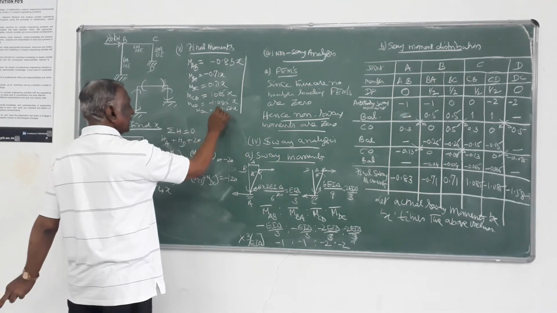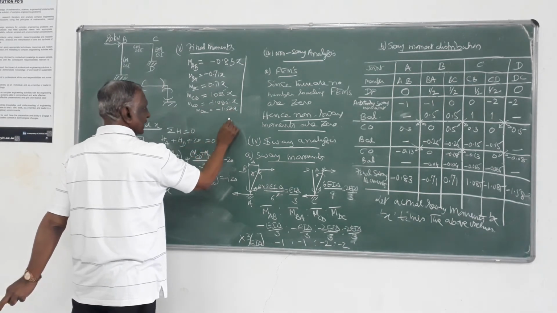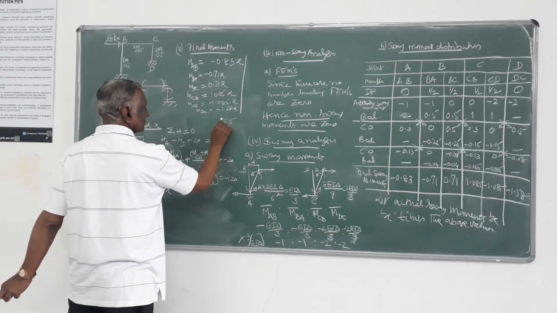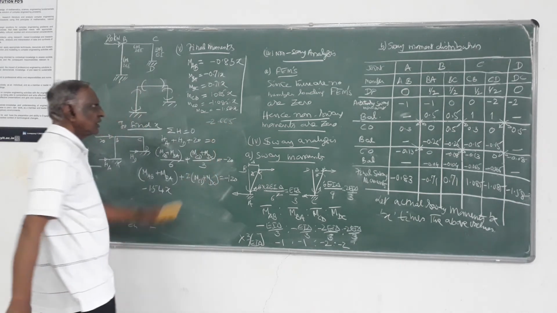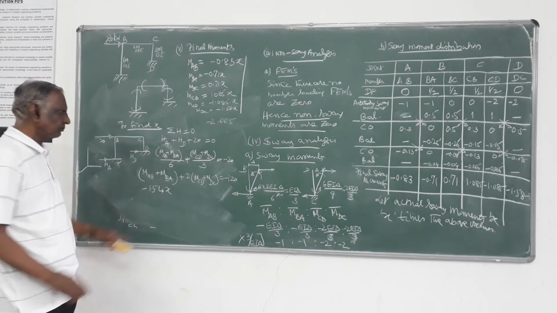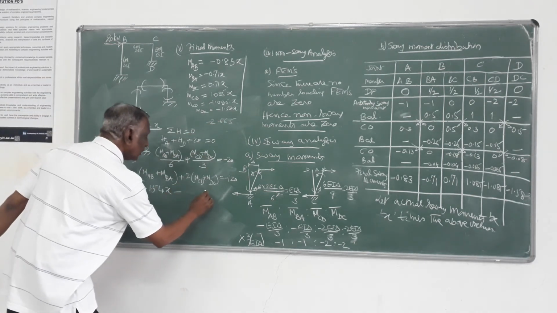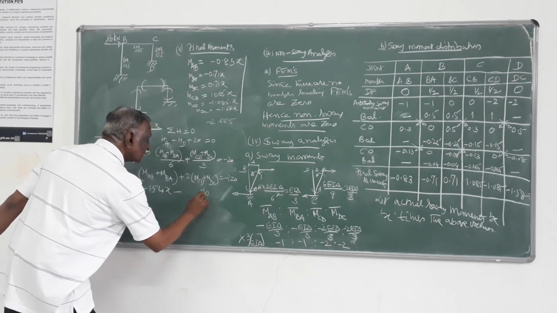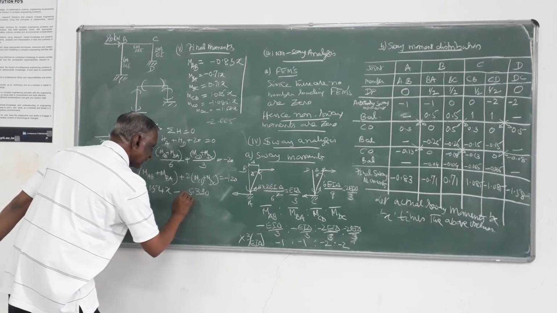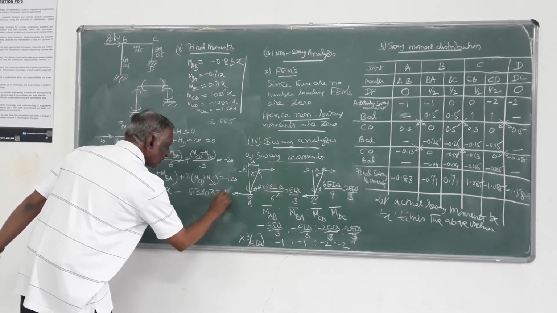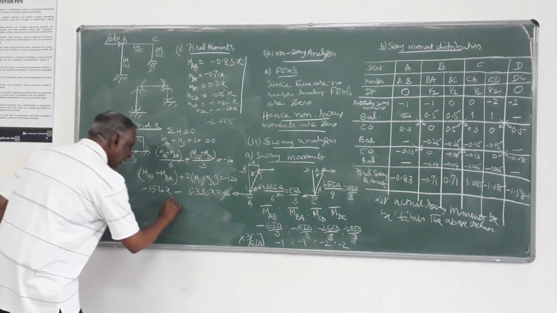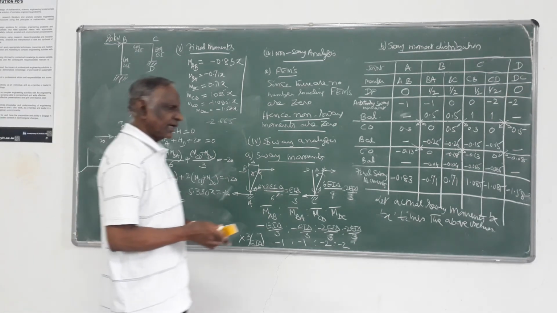Similarly, MCD plus MDC is minus 2.665 into 2, that is 5.33x. So minus 5.33x is equal to minus 120. Now you can simplify and solve for x.